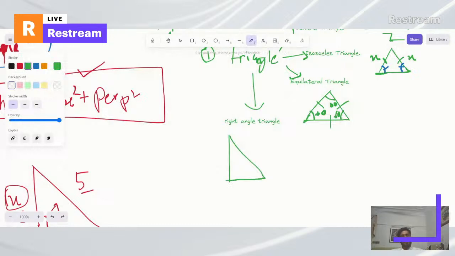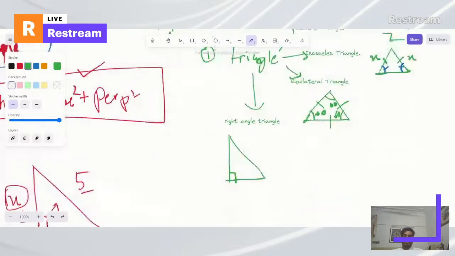However, the one identifying factor is that it has one angle which is 90 degrees, right? So this is called a right angle triangle. So these are the differentials.